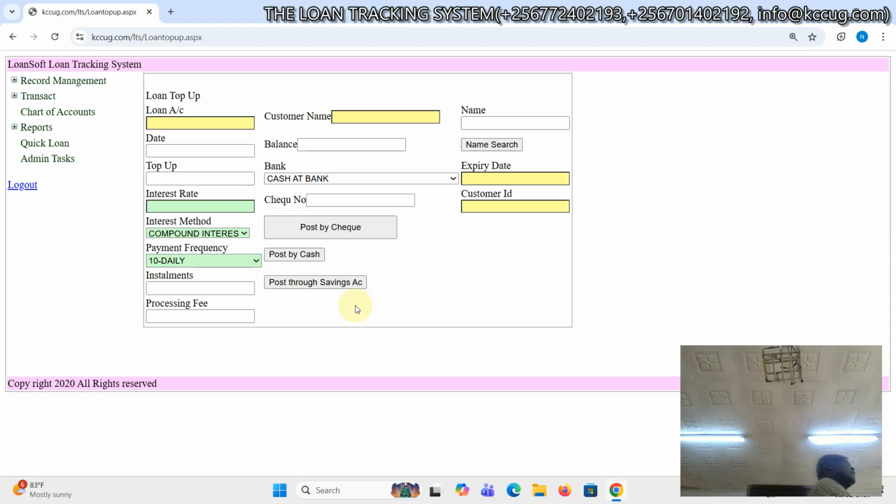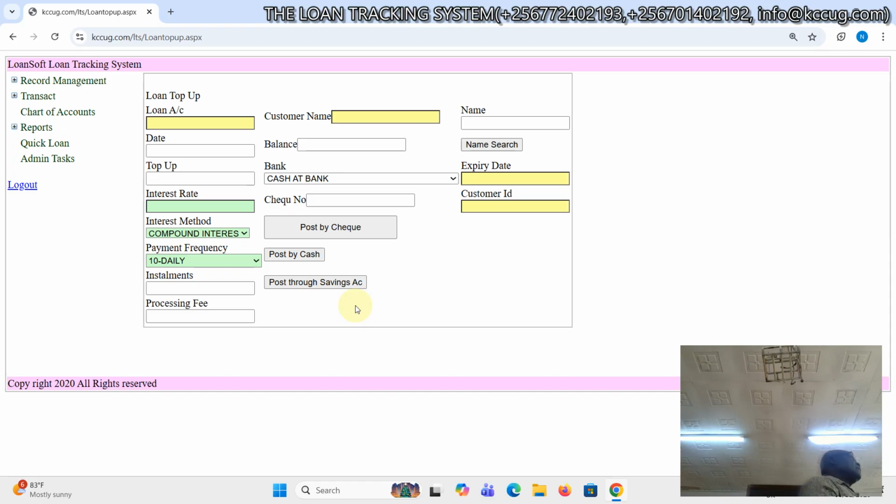But then I discover that I need some additional 500,000 shillings. I talk to the SACCO. Then the SACCO says that we shall give you the additional amount. That is how it is done.